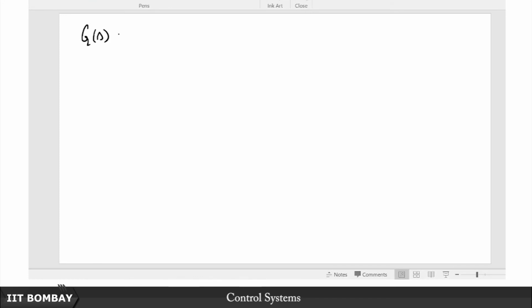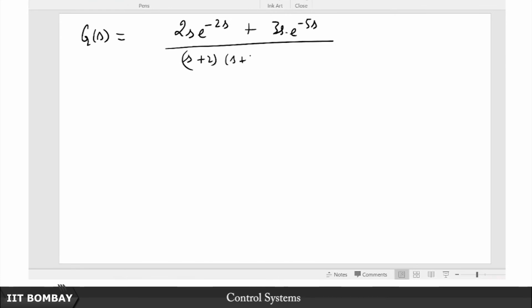I will not solve this example completely, I will just tell you that you have some, let us say, minus 2s plus 3s e to the minus 5s, you can have multiple such terms, right, multiple coefficients of s in the exponential, and let us say the denominator is s plus 2 into s plus 3 into s plus 7, okay. The standard partial fraction expansion for this sort of a transfer function would be like this.